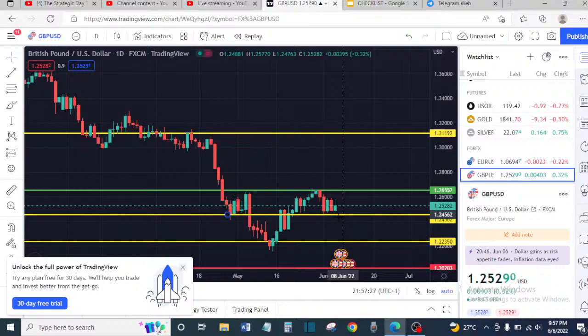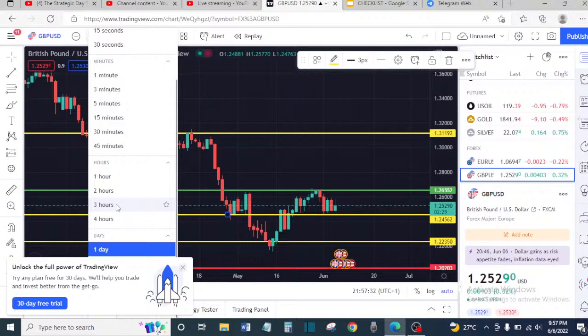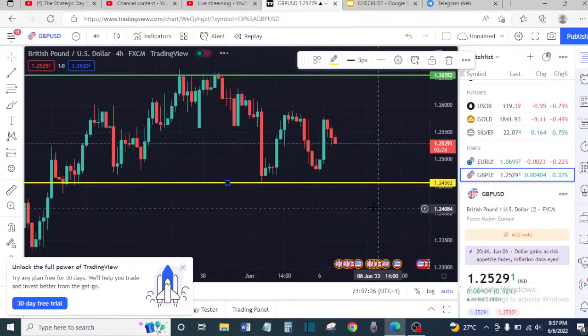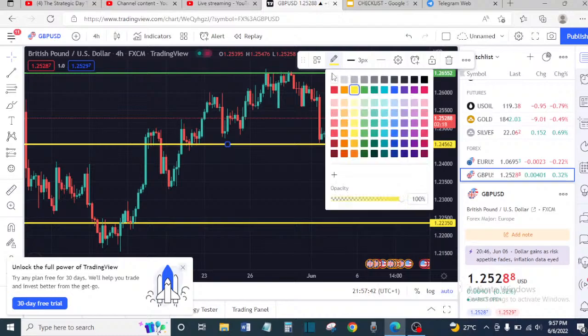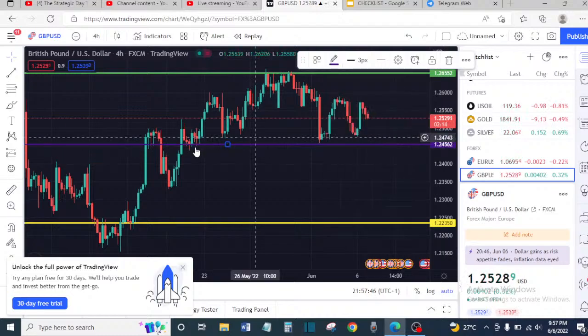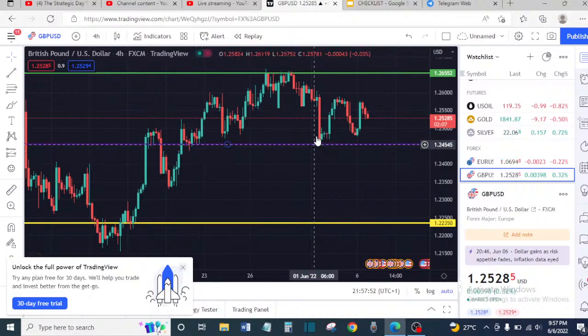You can switch to 4 hours to see that point clearer. Can you see? We need to see it clearer, so let's change to 4 hours. Look at this: these are stops here.